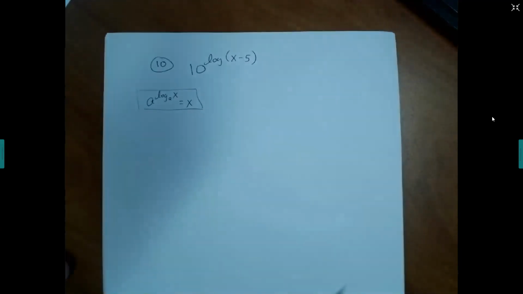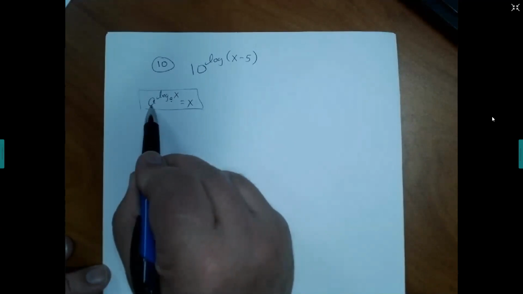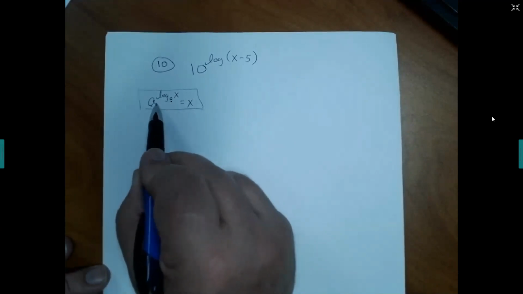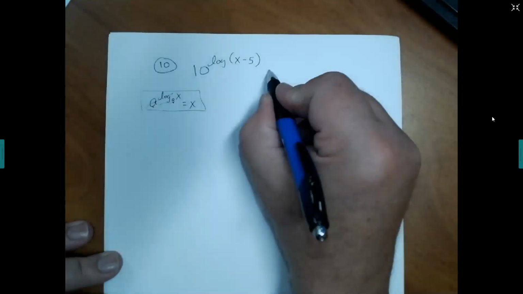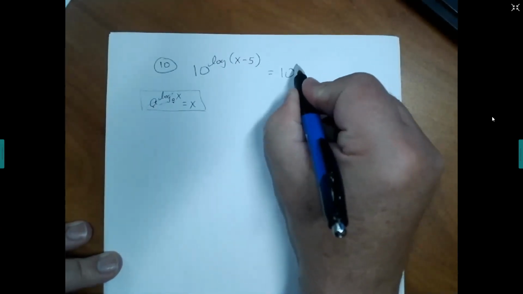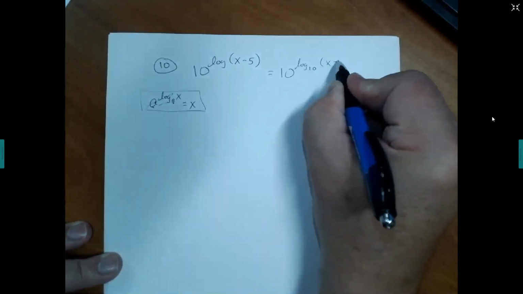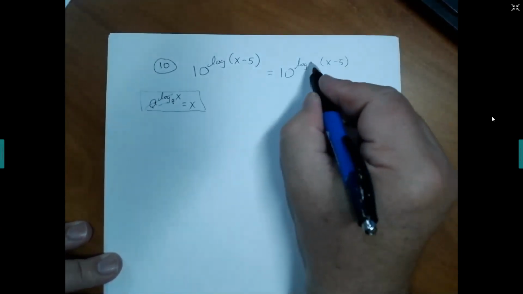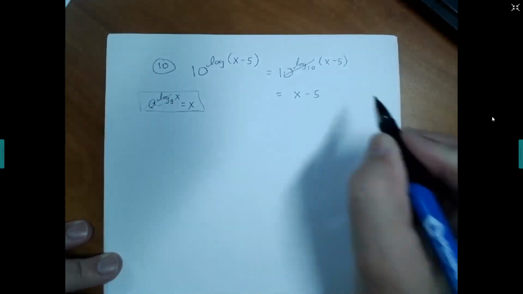We're going to use that property. If the base of the log and the base of this are the same, they cancel each other out. Because the exponent is log base 10. So these guys cancel each other out. The answer is x minus 5.